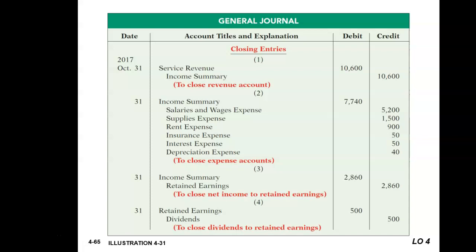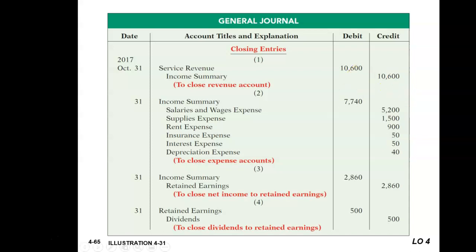In order to close them out, you would credit each expense account the amount required to give them a 0 balance, and you're going to debit the income summary account. So step 1 was to close out your revenue accounts. Step 2 is to close out your expense accounts.